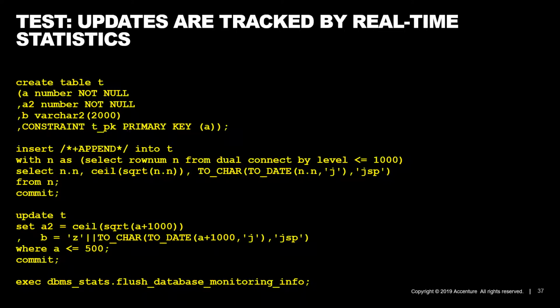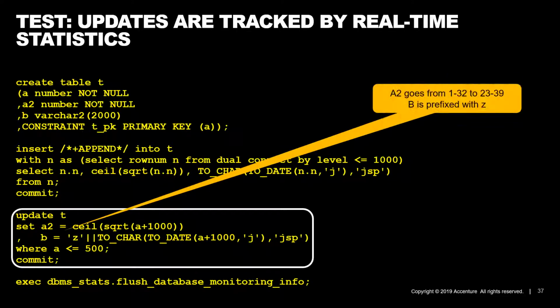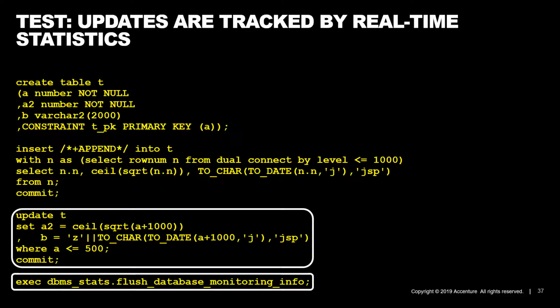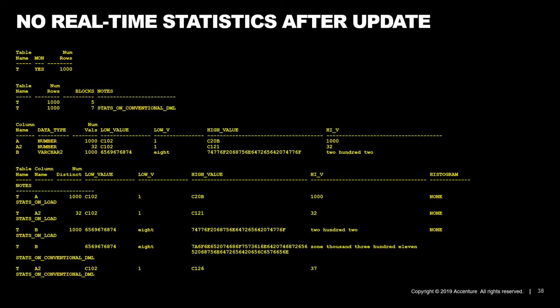Here, I'm updating the table. A2 is going to be updated. The range changes from 1 to 32 to 22 to 39, and I've prefixed column B, and I'm updating half of the rows. Flush the monitoring information, and let's look at the statistics. So I got real-time statistics. The number of rows hasn't changed, but the blocks has gone up from 5 to 7.